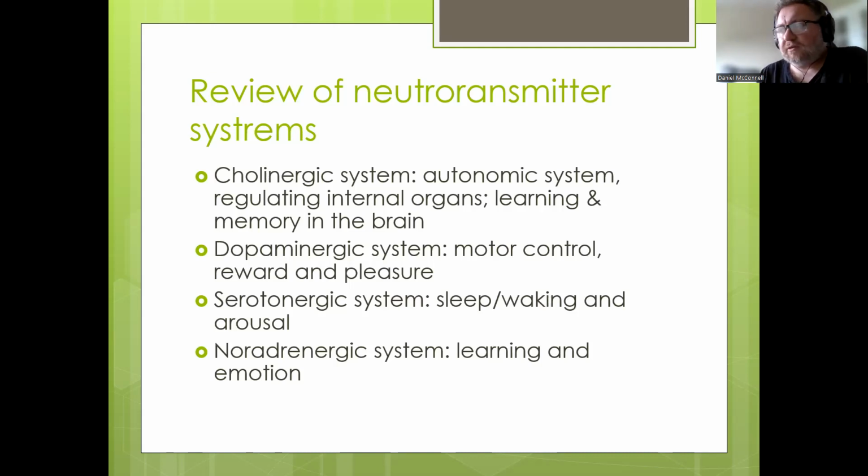Serotonin is part of the serotonergic system, and its derivatives like melatonin are all relevant to our circadian rhythms, the sleeping and waking cycle, general arousal levels in the brain. The noradrenergic system is important for learning and also emotional states. This is why many antidepressants are things that affect the noradrenergic system, right?